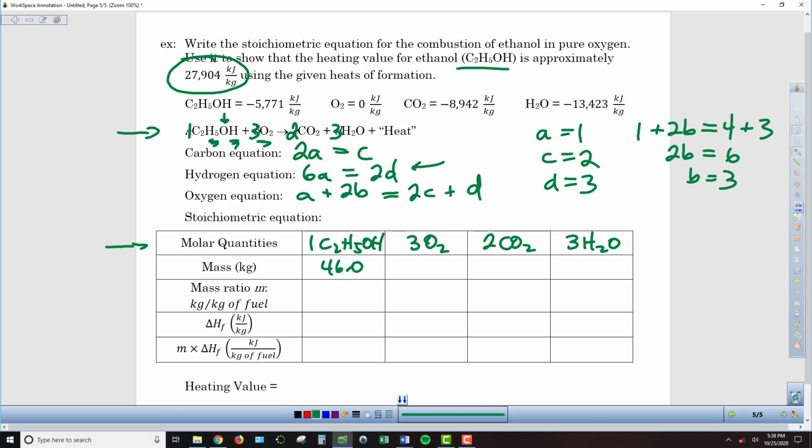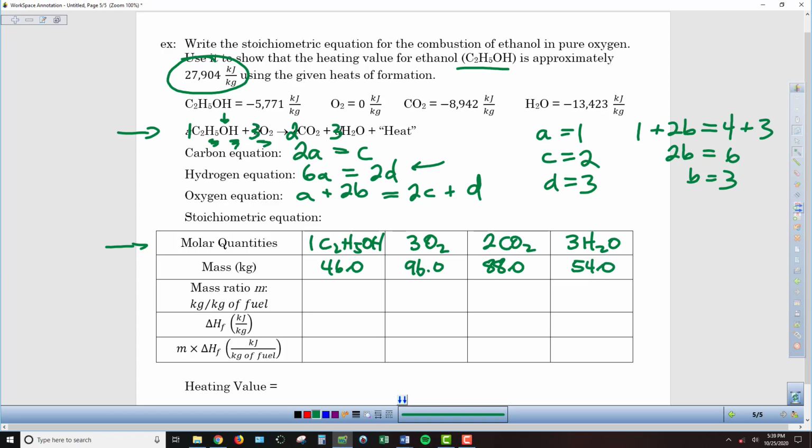For the 3 moles of oxygen, it's going to be 3 times 32, so 96 kilograms per kilomole. For the 2 carbon dioxide, 44 is the molar mass of 1, so 2 times 44 is going to give us 88 kilograms of carbon dioxide. And then water is going to be 3 times the 18, so 54 kilograms of water.